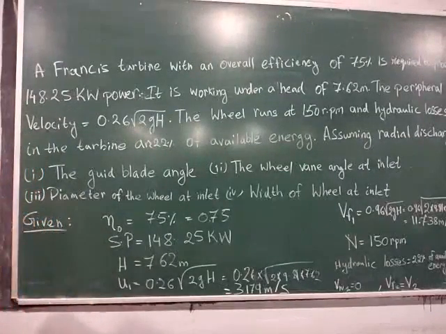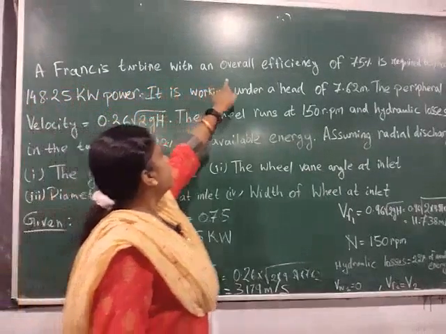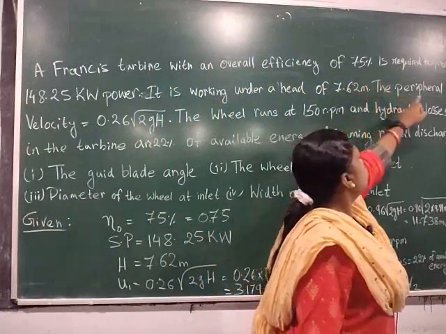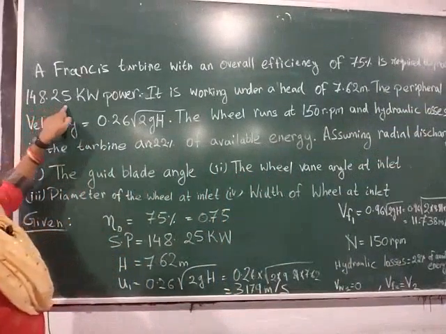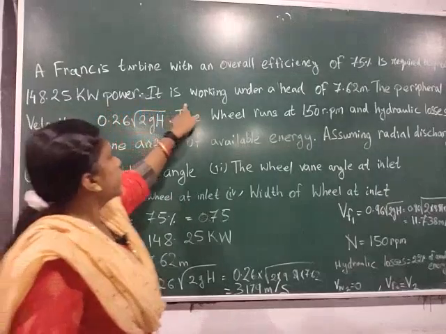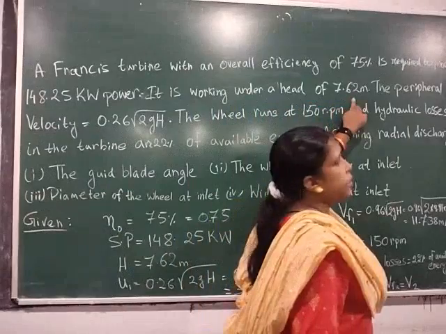Here you see a question on a Francis turbine. A Francis turbine with an overall efficiency of 75% is required to produce 148.25 kilowatt power. It is working under a head of 7.62 meter.